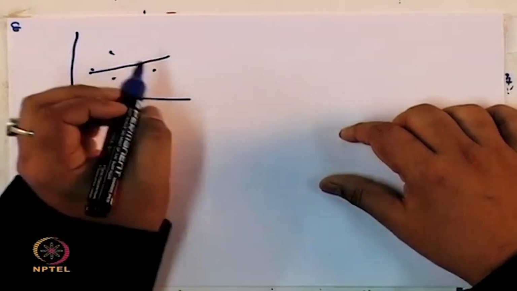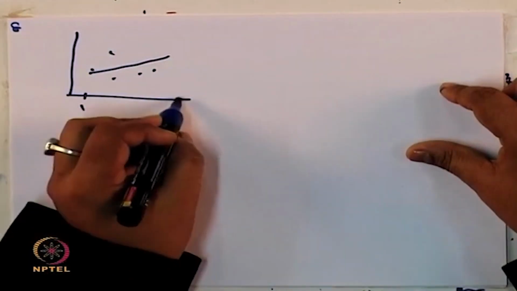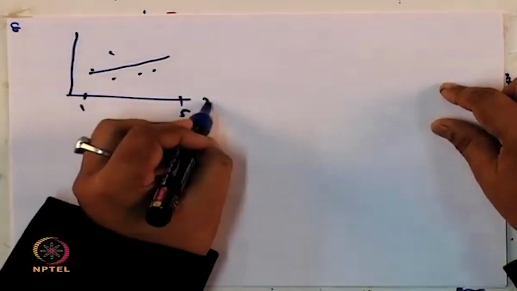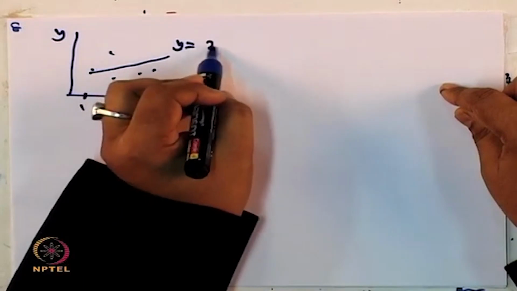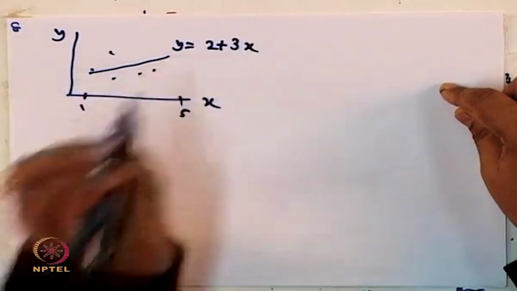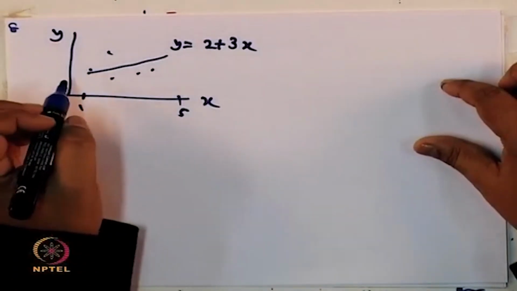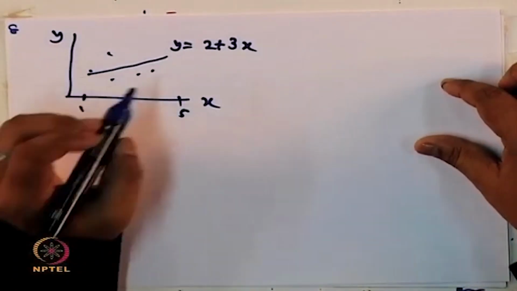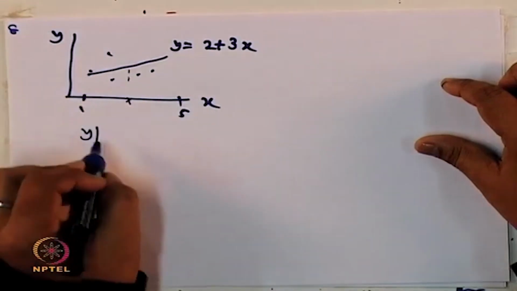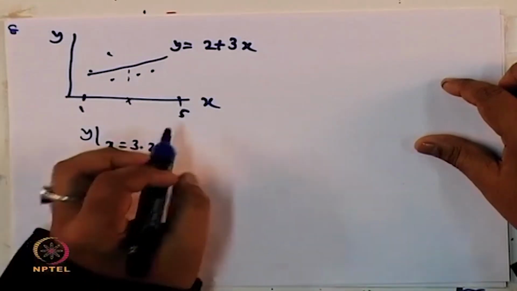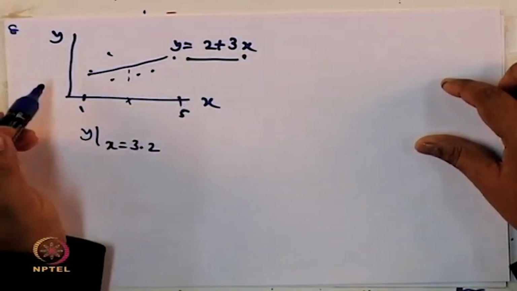So, let us say this is 1 and this is 5, this is my x, this is my y, and this is a particular equation, let us say 2 plus 3x. I want to know the value of y given a value of x. Let us say I want to know the value of y at x equal to 3.2.